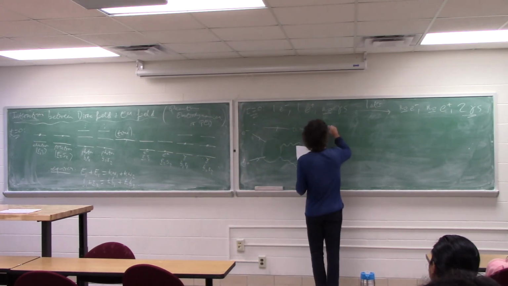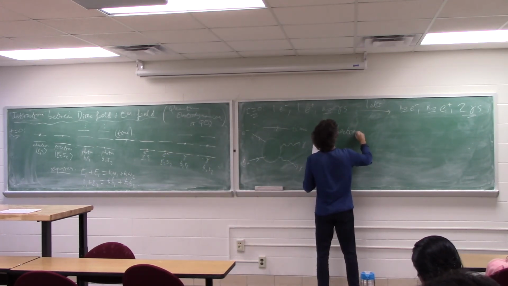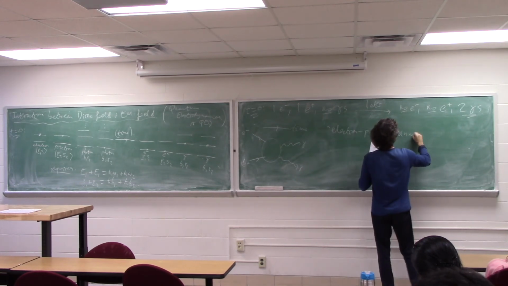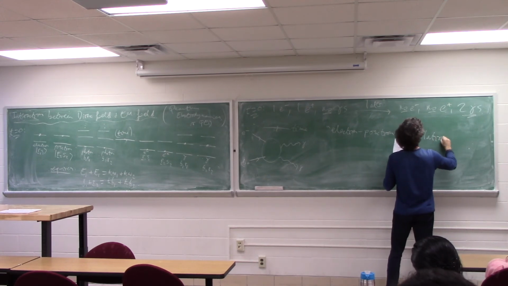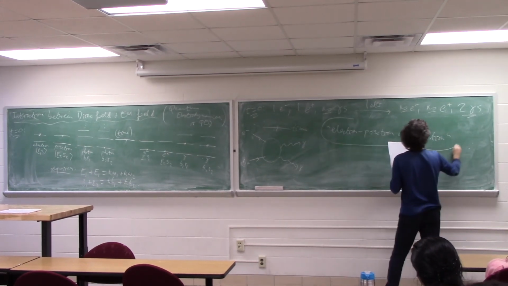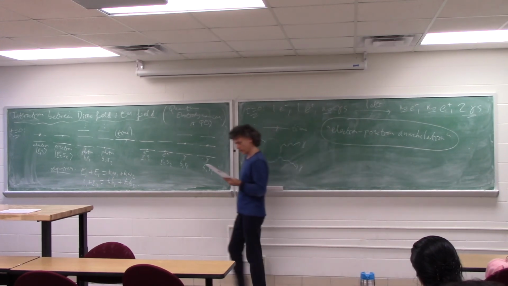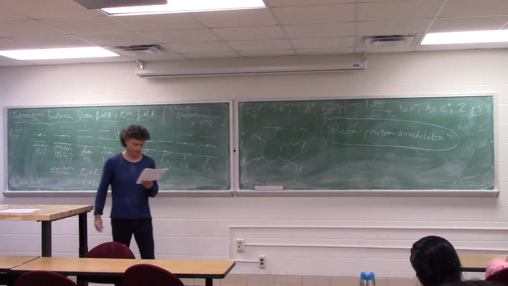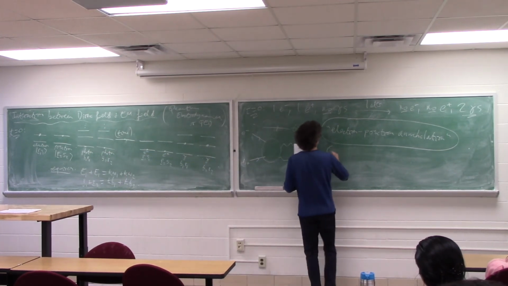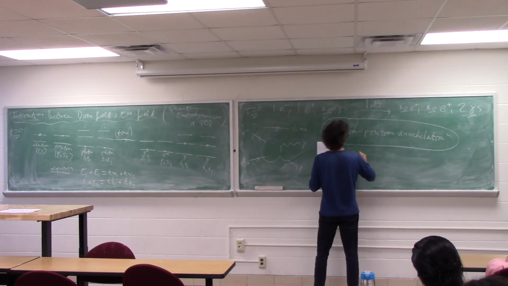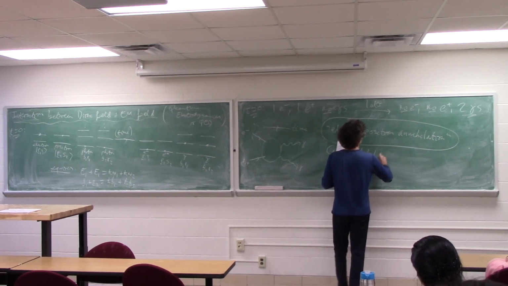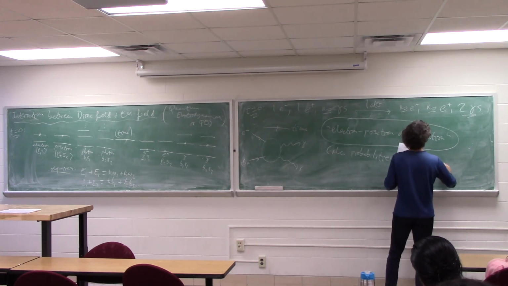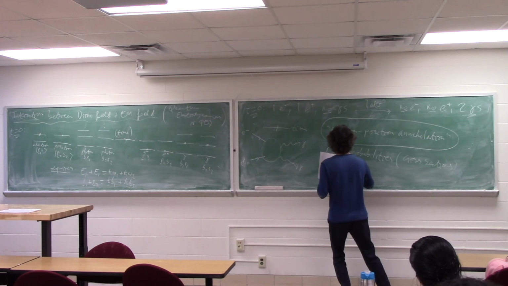This is called electron-positron annihilation. And what we're going to do in this course is calculate the probabilities or the cross sections for such processes.